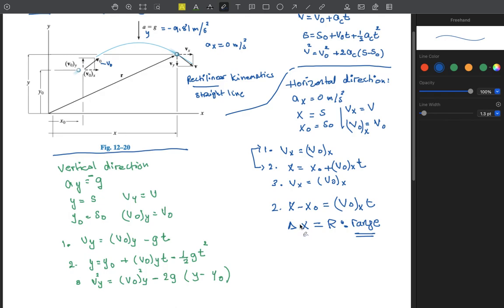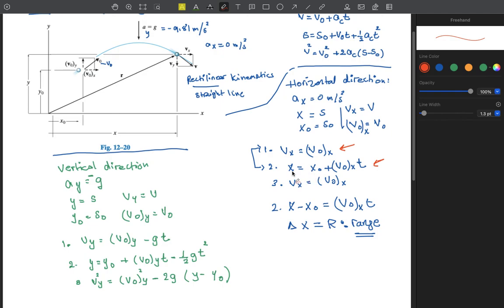So now, whenever you have a problem and you need to solve, remember you have two equations. This is the first one, and this is the second one. Basically, this is very simple to work with. Now look at this equation, guys.